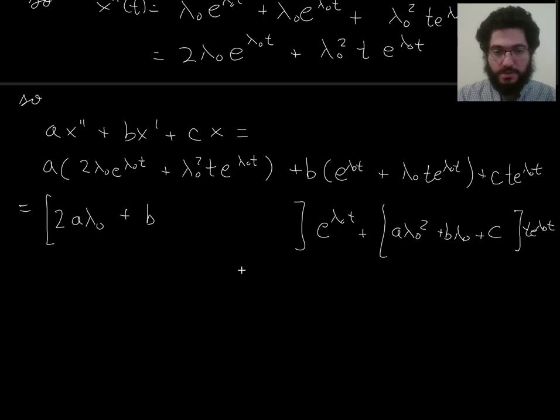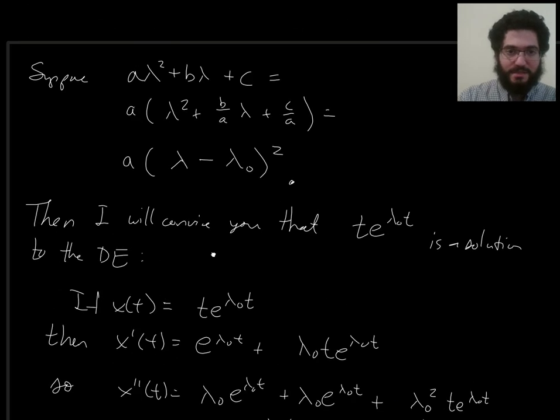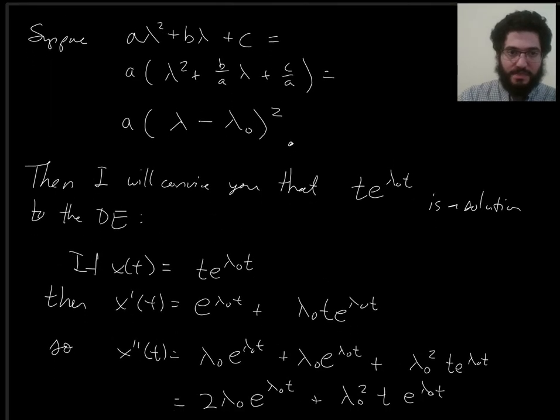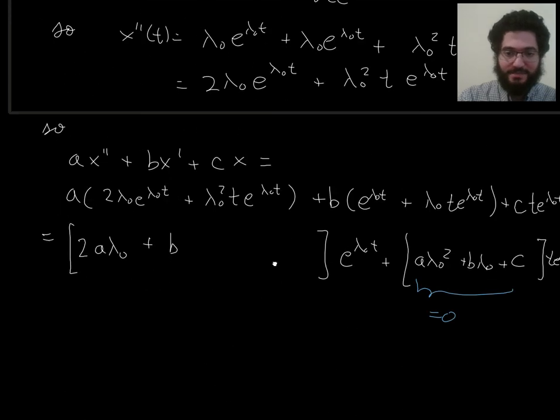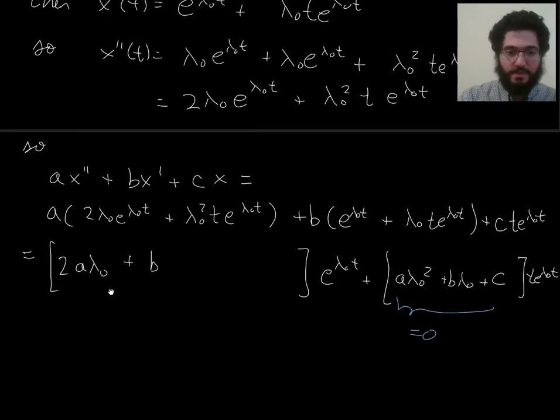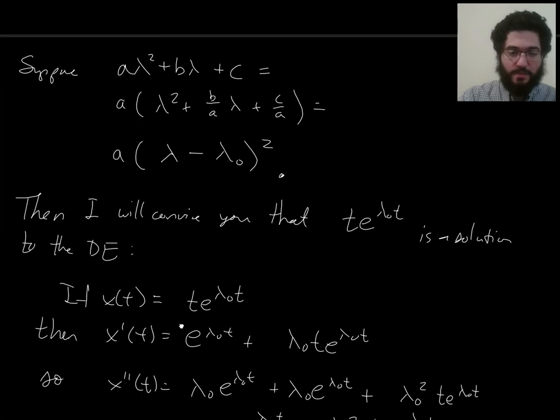Again, my goal is to show that this is 0. Well, this one is definitely 0, because lambda naught is a root of the characteristic polynomial. Lambda naught is a root means a lambda naught squared plus b lambda naught plus c is 0. So this is 0. What about this one, 2a lambda naught plus b? Is that 0?